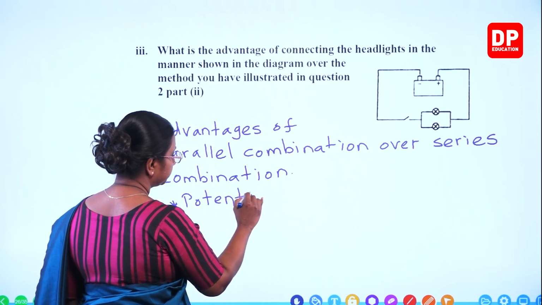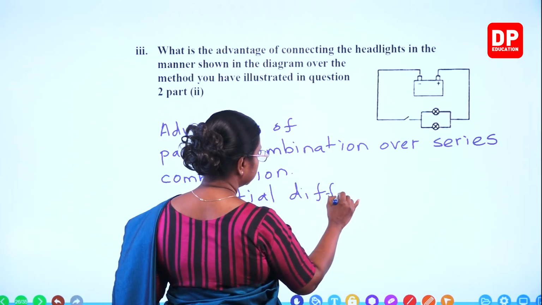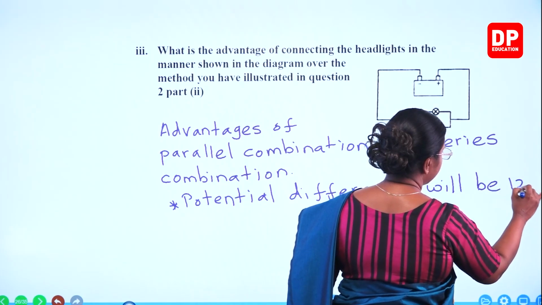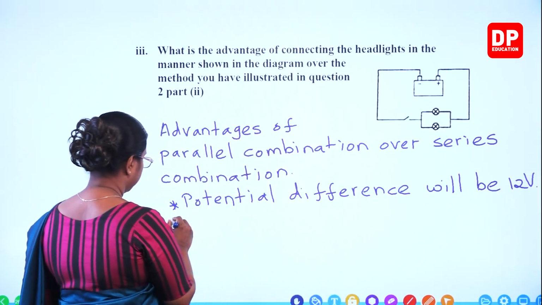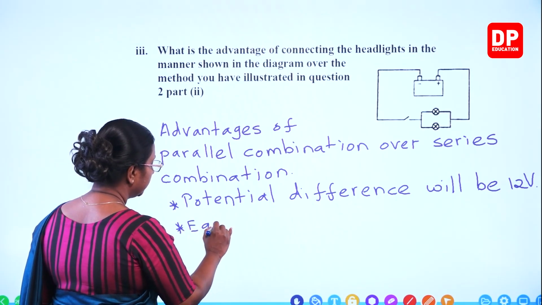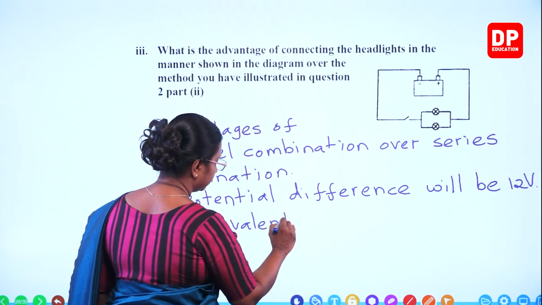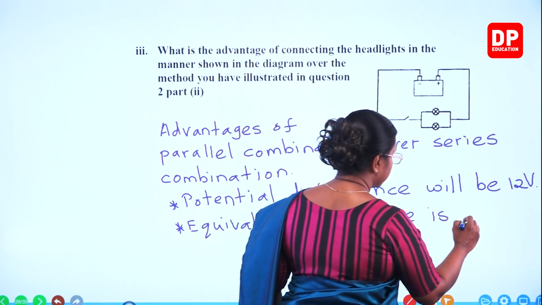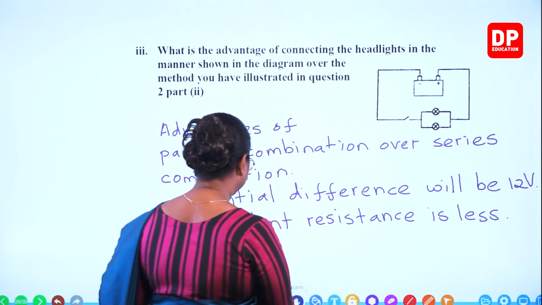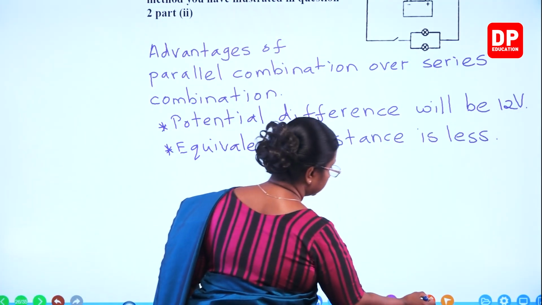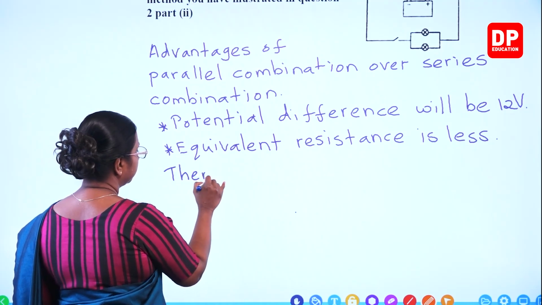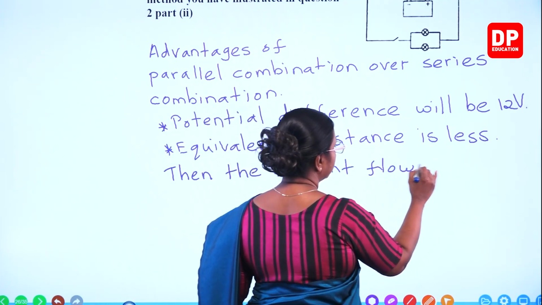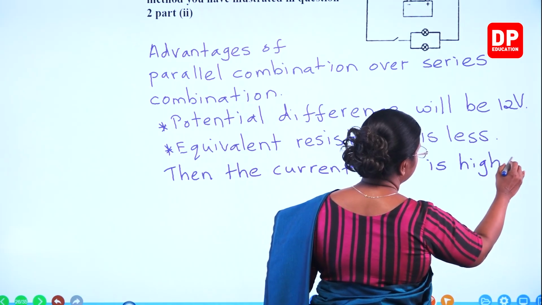Potential difference will be 12 volts. Equivalent resistance is less, then the current flow is higher.